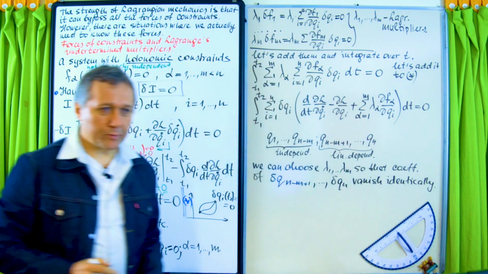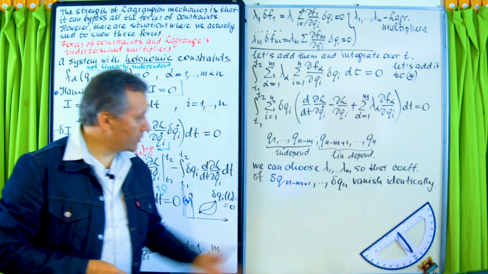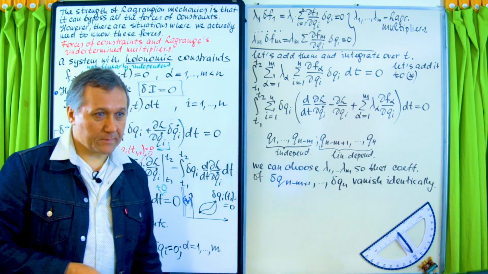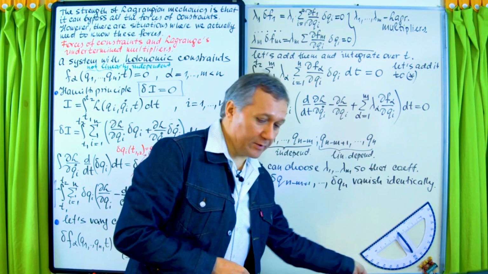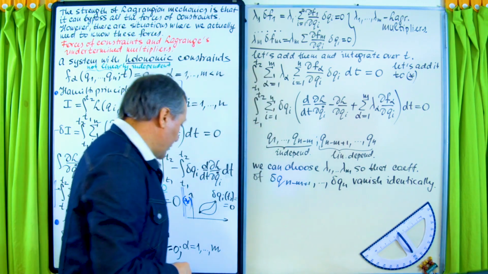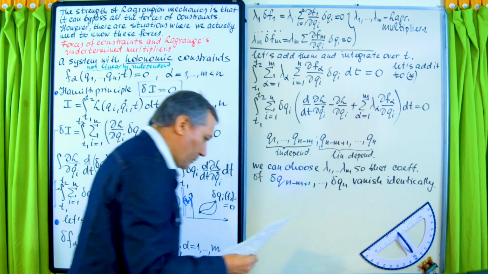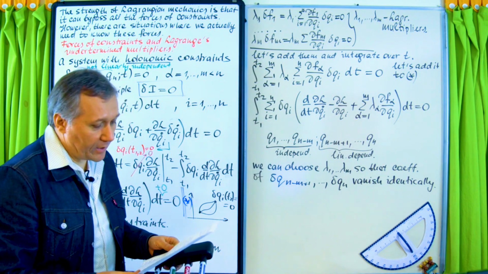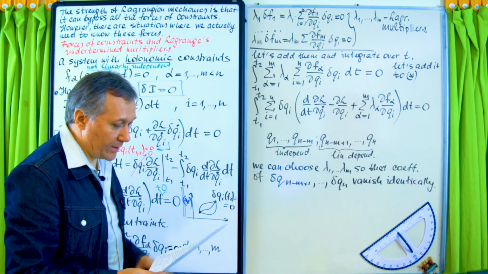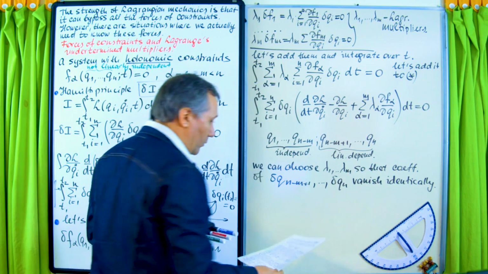Basically, we kill these terms using those lambdas, since we had freedom to choose any lambdas we want. And of course, the rest, the remaining n minus m variations are independent, and the coefficients of each one must vanish.